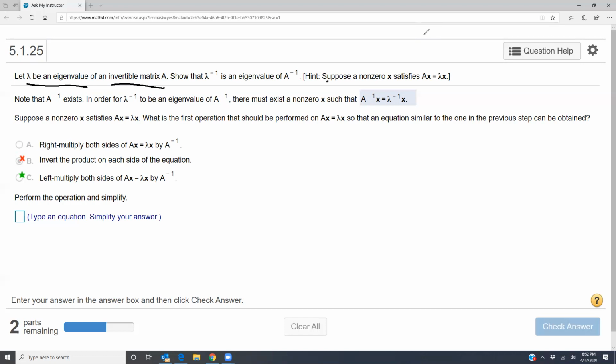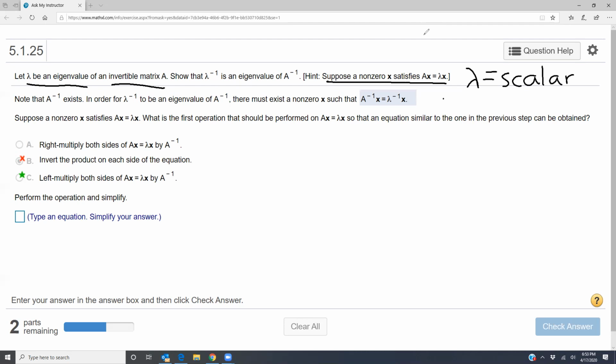Now their hint comes directly from the definition of an eigenvalue. Since we know that lambda is an eigenvalue, we know that by definition for some matrix A, it satisfies Ax equals lambda x. And the other thing to note is that lambda is a scalar.